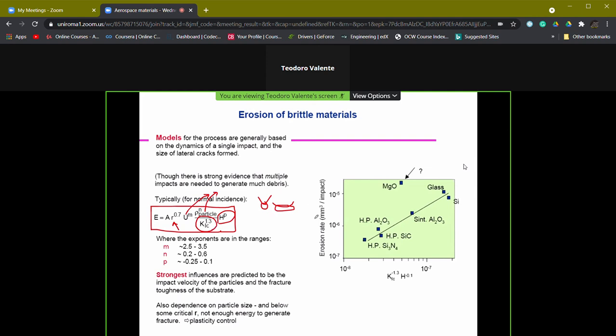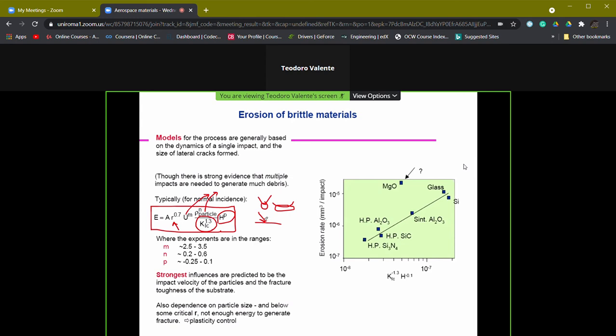Because what is going to happen is that the impact of the particles transported by the fluid onto the surface of our component is going to transfer, depending on the incident angle, kinetic energy in a very short time.